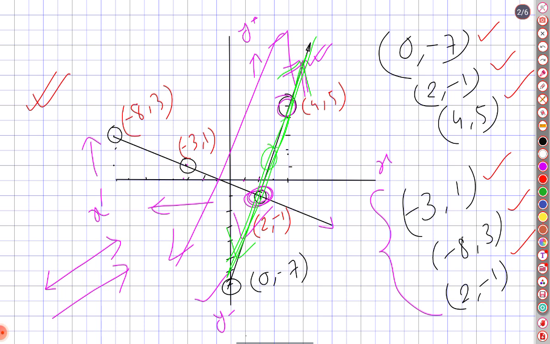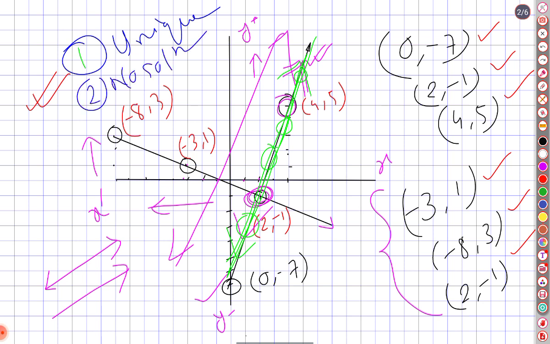At that time each and every point will be a solution, so we will say these two lines have infinitely many solutions. So if one point of intersection is coming, then unique solution. If two lines are parallel, then there is no solution. And if two lines coincide, then we say infinitely many solutions.